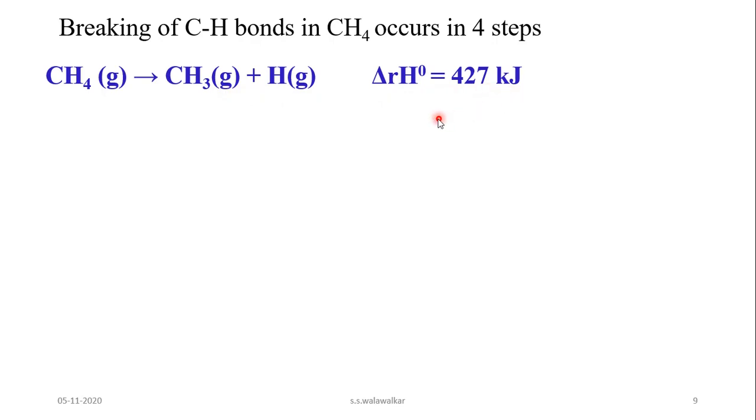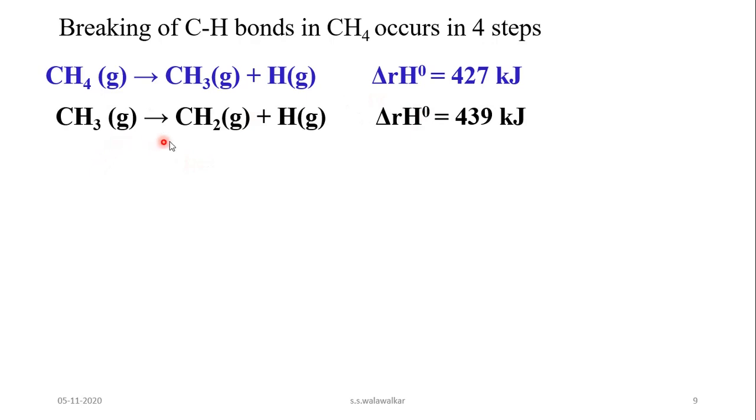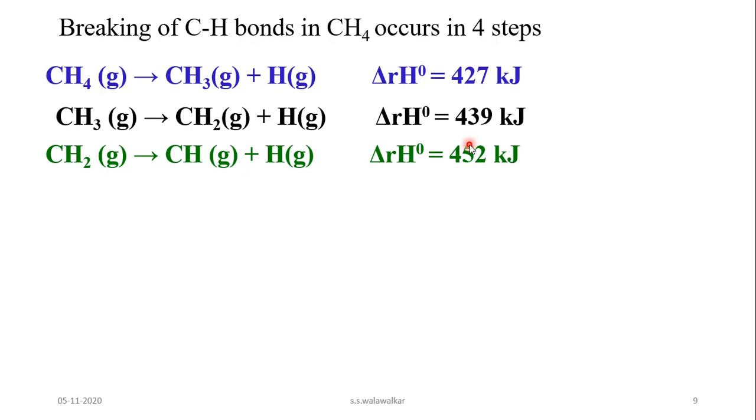This much amount of heat is required to break the first carbon hydrogen covalent bond. Then CH3 gas gives CH2 gas and H gas, and to break the second carbon hydrogen bond it requires 439 kilojoules of heat. And in the third step, CH2 gas gives you CH and H. Like this the third carbon hydrogen bond breaks and it requires 452 kilojoules of heat.